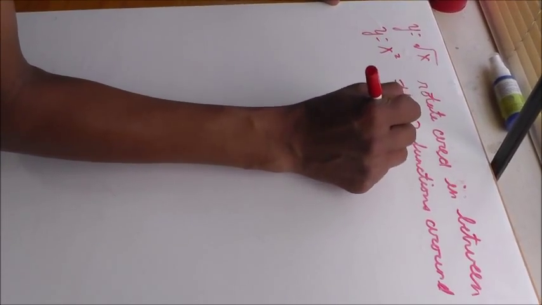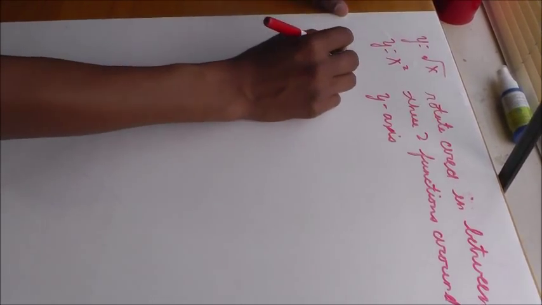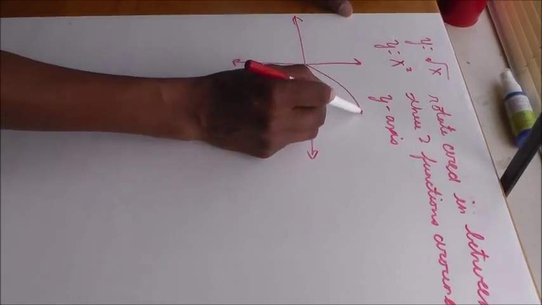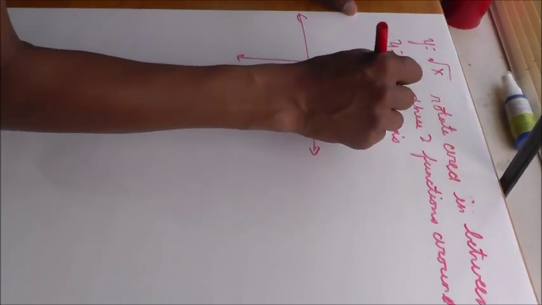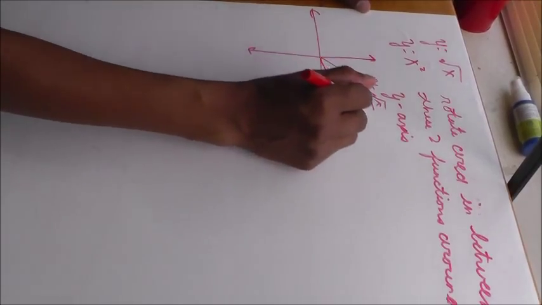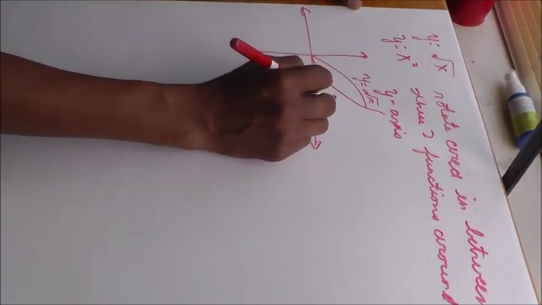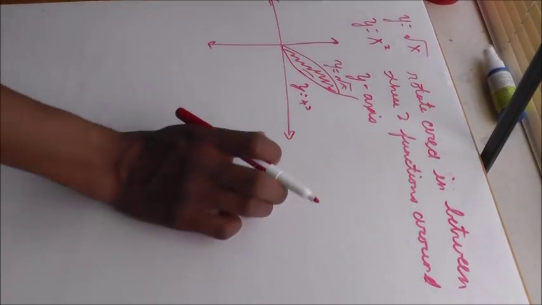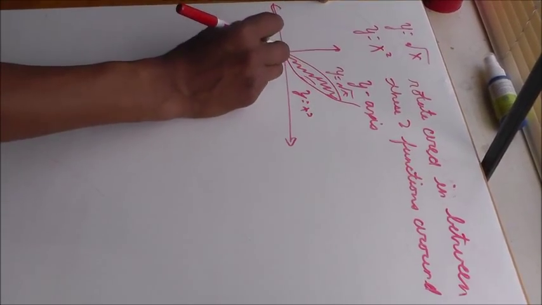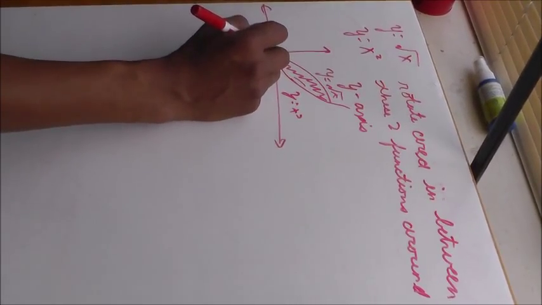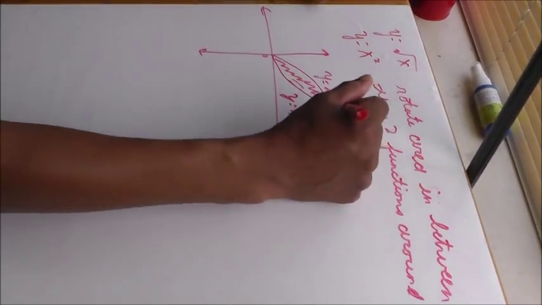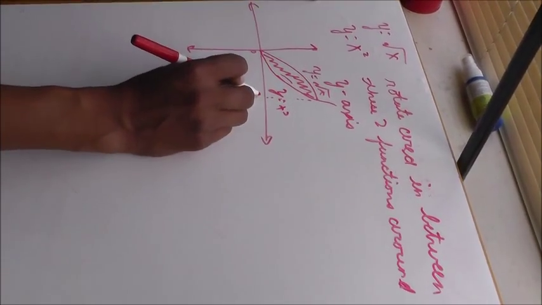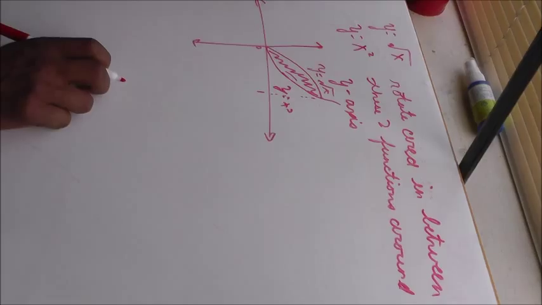The first step is to find what that area is. We have y equals root x here, and we have y equals x squared here, so we're trying to find this area. First we have to find the bounds of integration. Obviously they both intersect at x equals 0, and some simple algebra will show you that both these functions intersect at x equals 1.